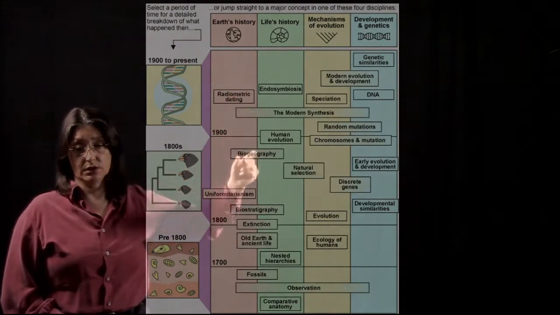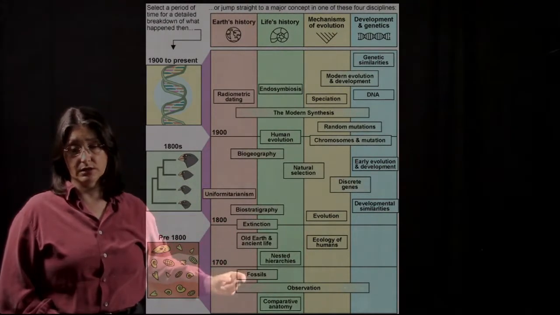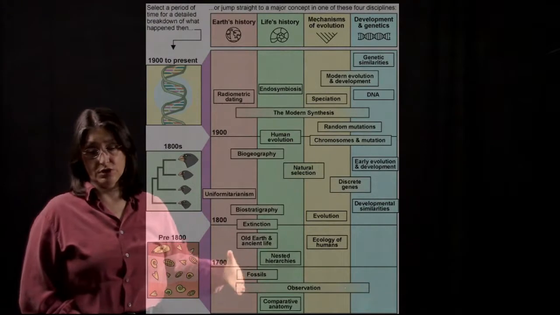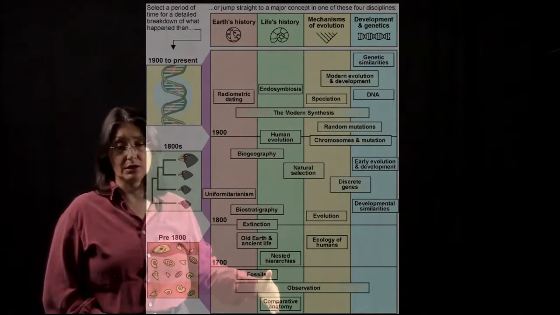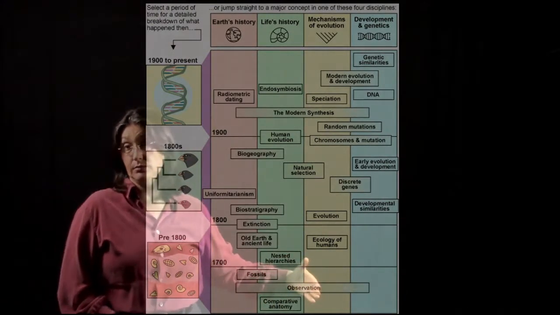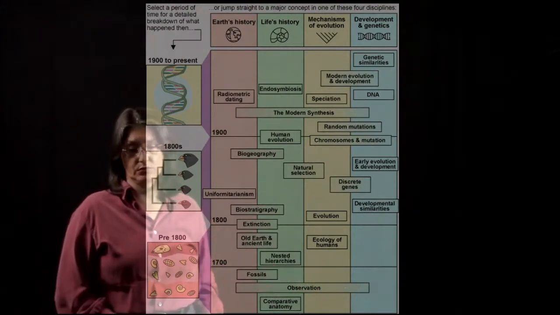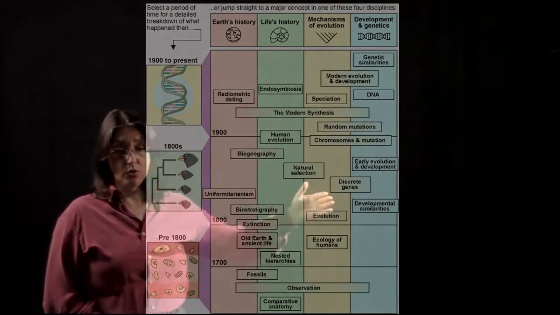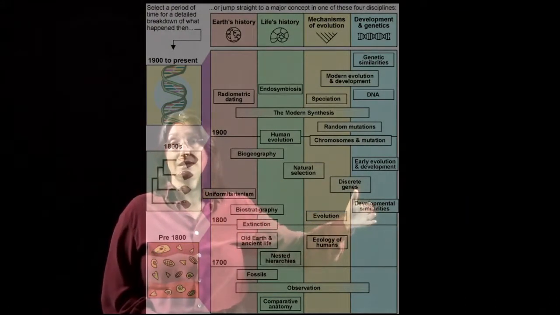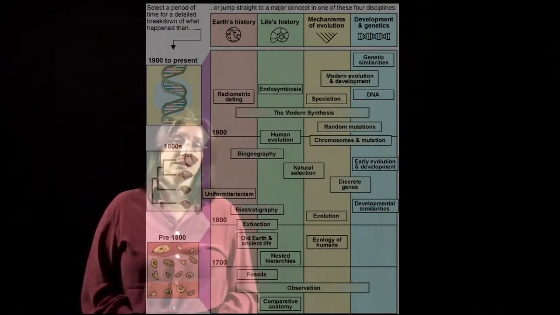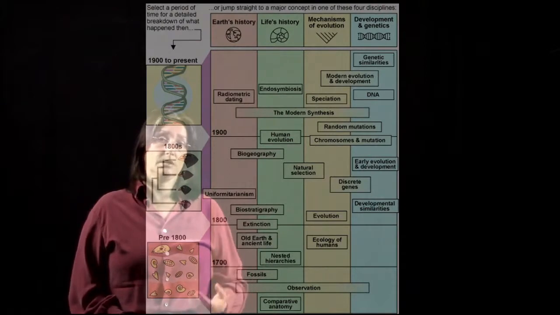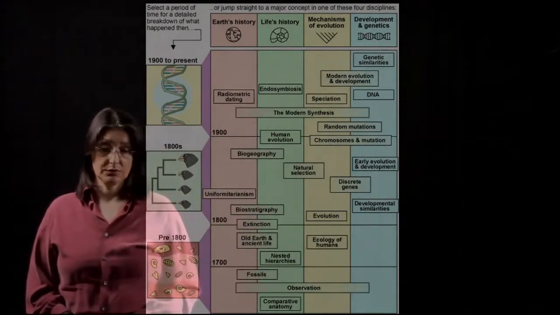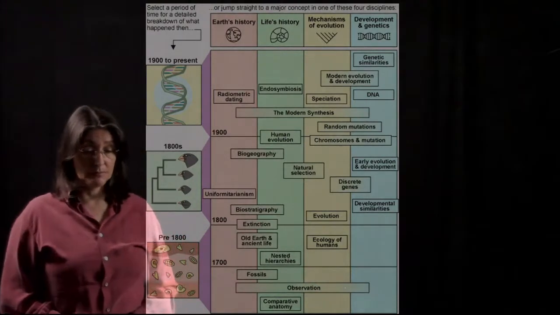So we can look at the Earth's history right here, and then life history or naturalists, so geology and biology, and then a mechanism of evolution, which is what we're trying to understand right now, or the understanding of heredity, or how genetics evolved from Mendel and Morgan and the discovery of DNA and so on.